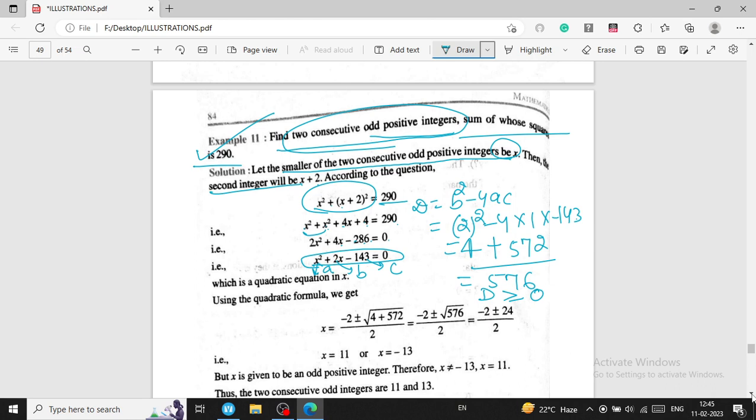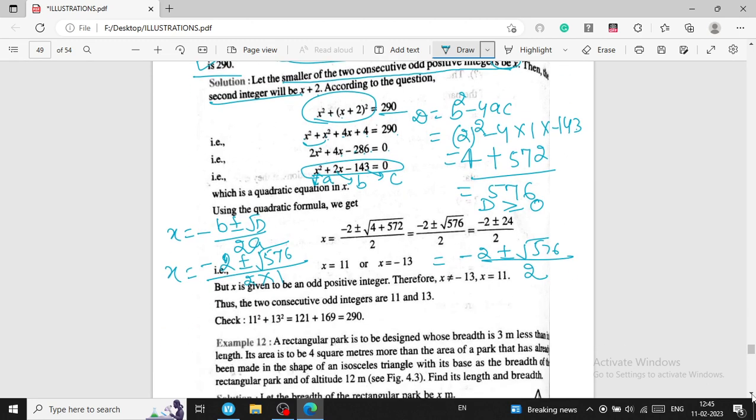Roots can be calculated. The formula for calculating roots is x equal to minus b plus or minus root D over 2a. x equal to minus 2 plus or minus root 576 over 2 multiply 1. Now you can make the factors.